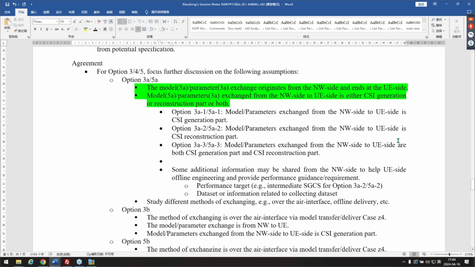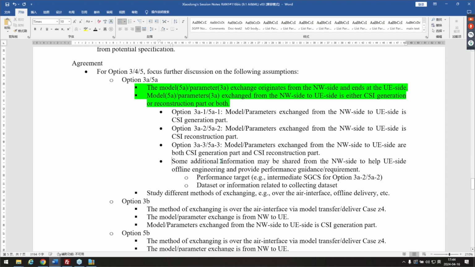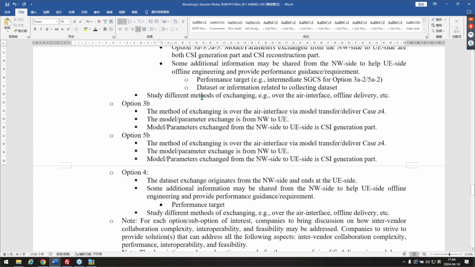Yeah, and then on the performance target line we should add option 3A-3 and 5A-3. The first sub-bullet, performance target, several lines below. Here. No, up, yep. This one, performance target. So there are examples like option 3A-2, 5A-2.